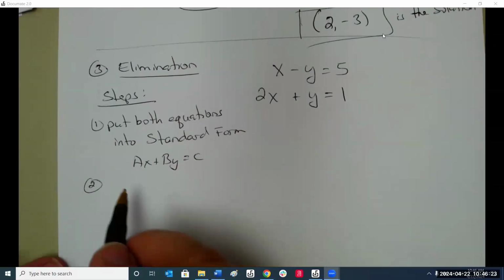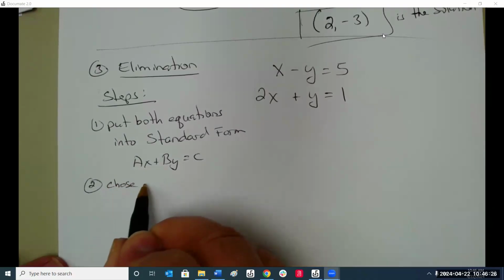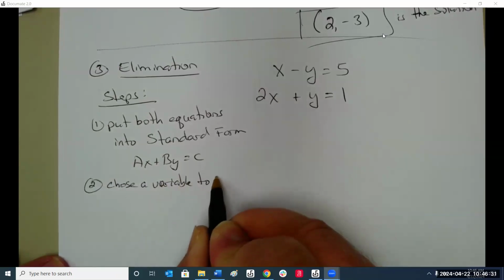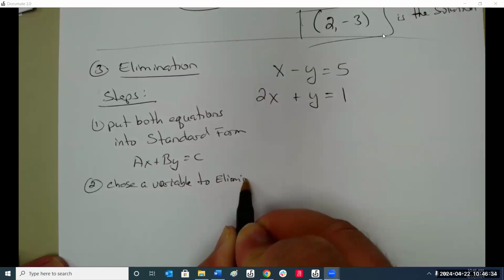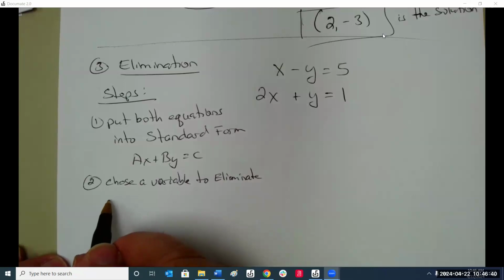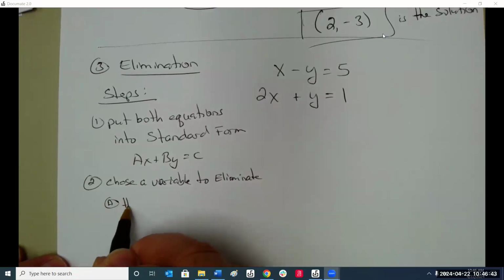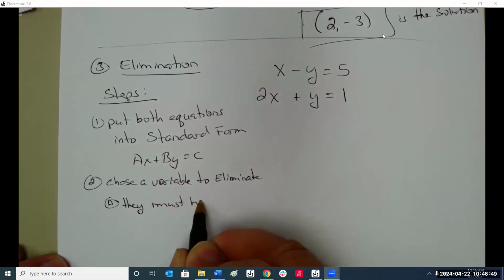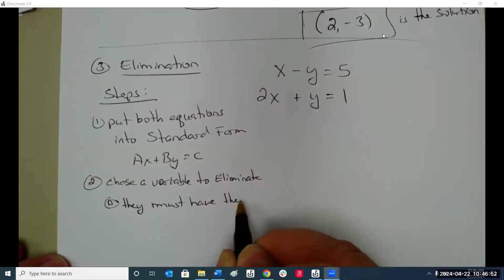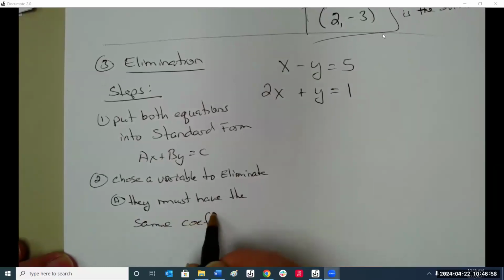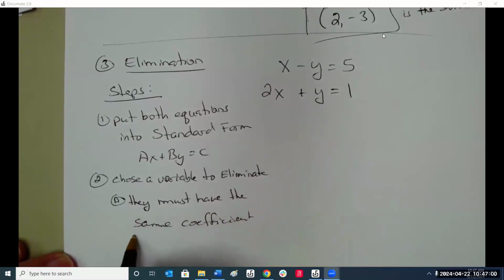Second step. Choose a variable to eliminate. They must have the same coefficient, but opposite signs.